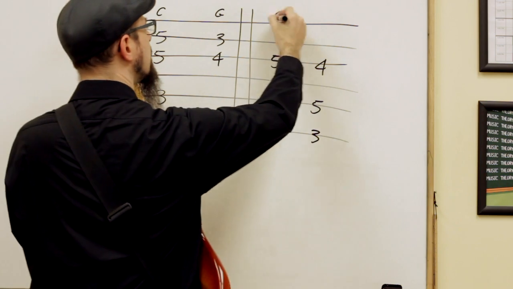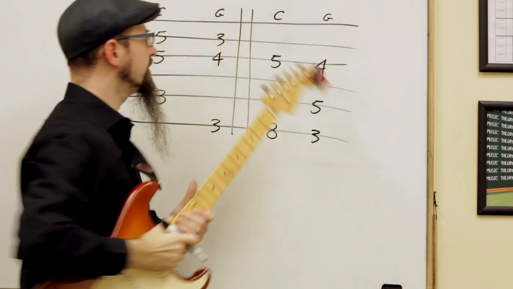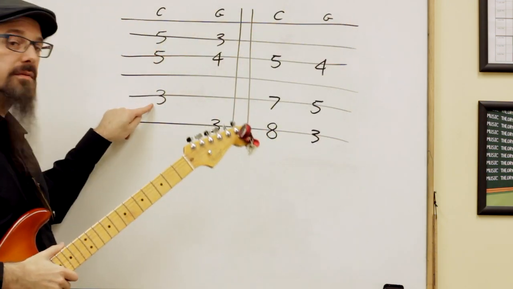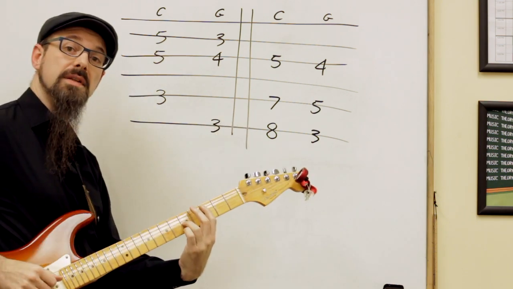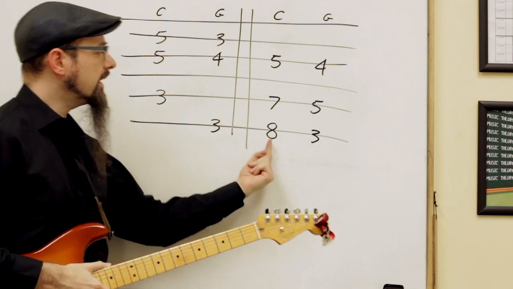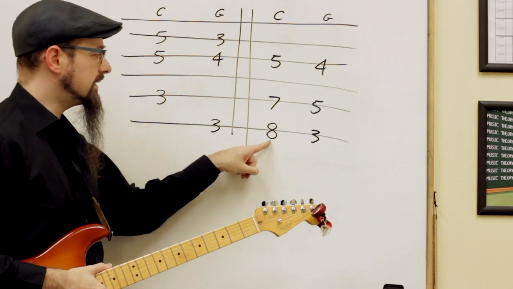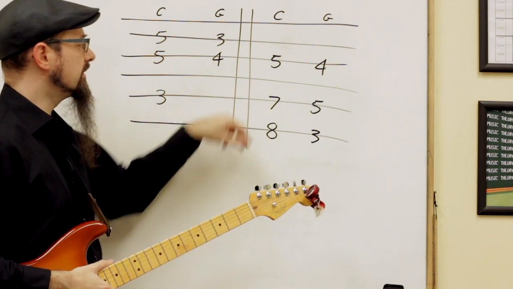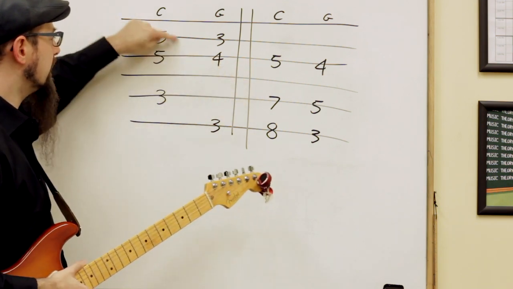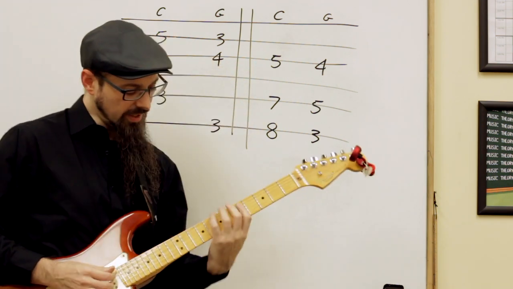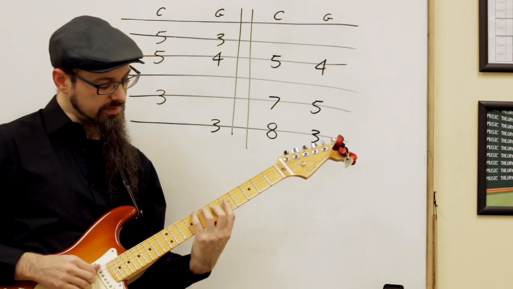And again, C, G, C. Here, my notes are C, C, E, C, C, E. Here, my notes are C, E, C. So I effectively inverted this interval, moving the top note down an octave, and the sound is this.